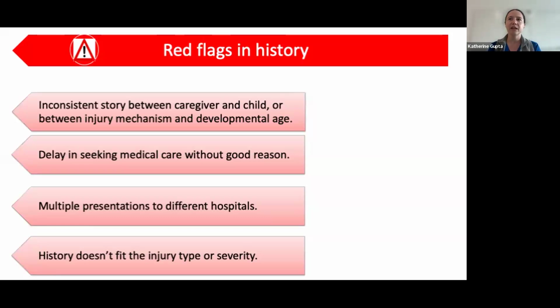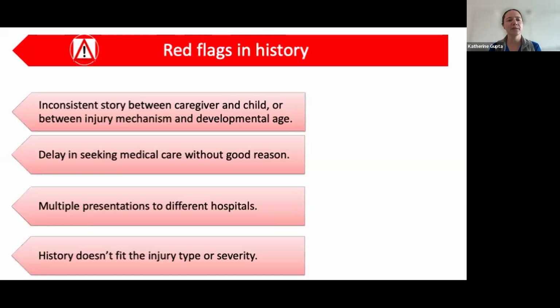So let's say you're seeing a 3 week old and they have broken their leg. And the story from the caretaker is that the child crawled off the edge of the bed and then fell. So 3 week old children can't crawl. So that does not make any sense. There's no way that that injury mechanism can happen.